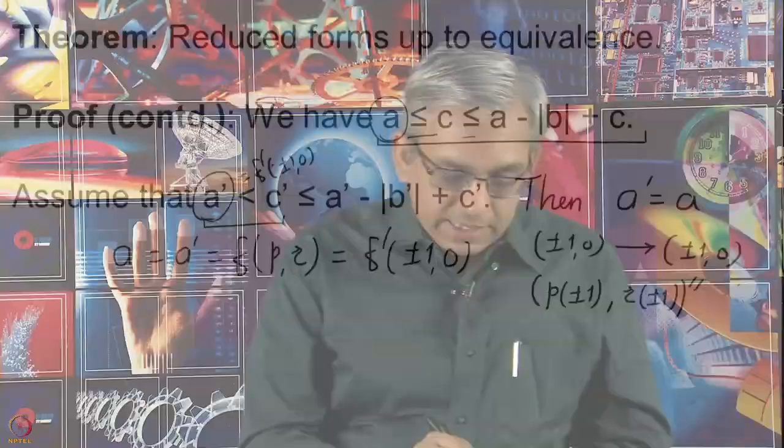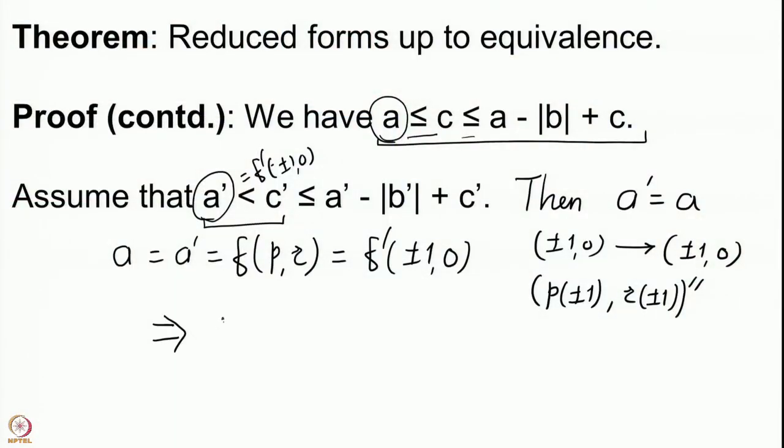So, f prime at (plus minus 1, 0) has to be f of (px + qy, rx + sy), where x is plus minus 1 and y is 0. So, we get from this computation that p is plus minus 1 and r is 0.